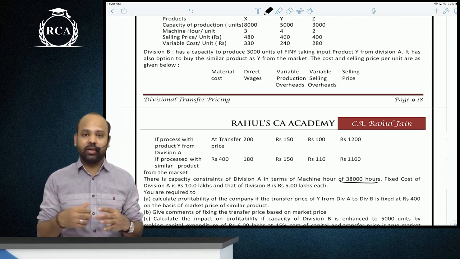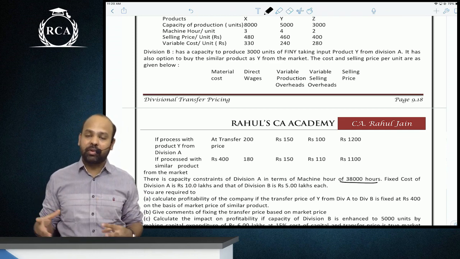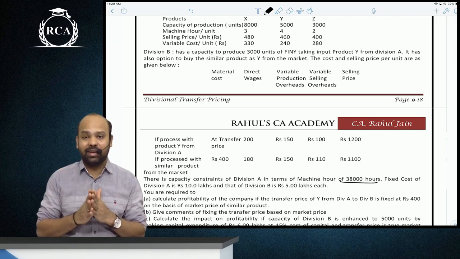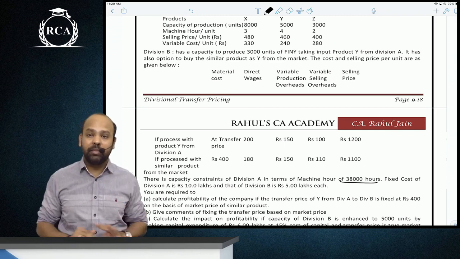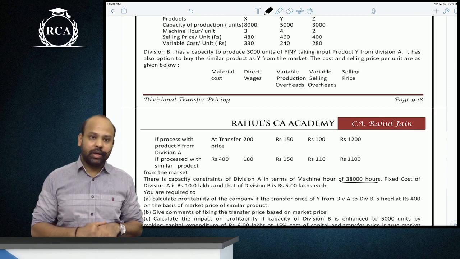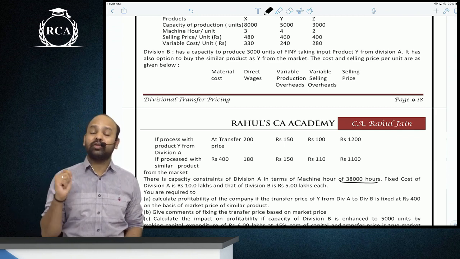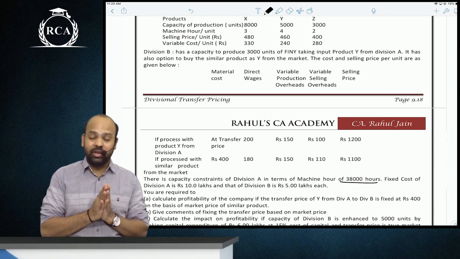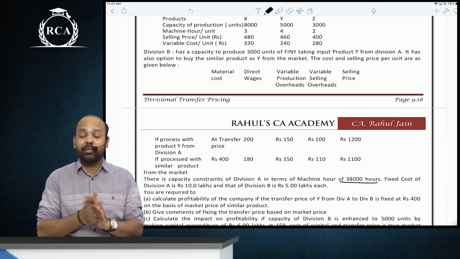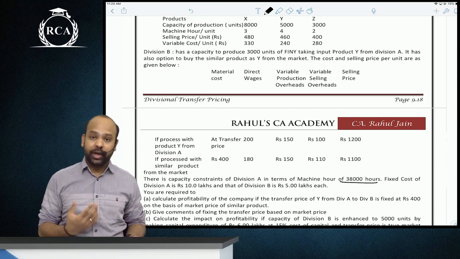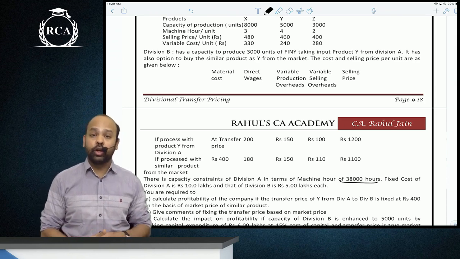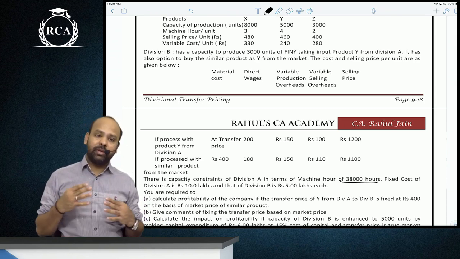They're only asking questions on minimum transfer price, maximum transfer price, without bringing in capacity constraints, without bringing in limiting factors. My question beta is, how long will it continue? How long will they only ask questions from a specific set of questions? They will have to deviate from it, otherwise the papers will become, guys, too predictable. Every student will start scoring good marks. That is why beta, it is our job.